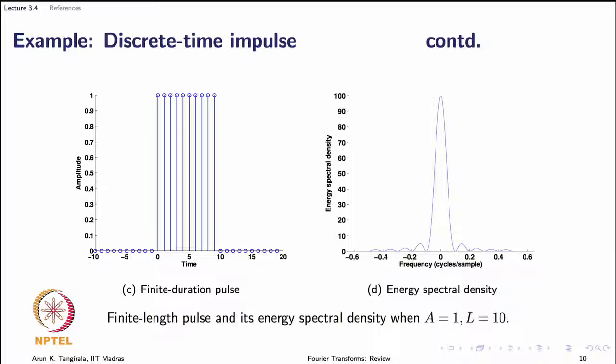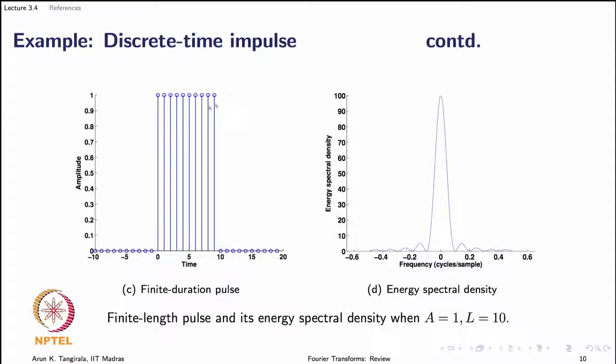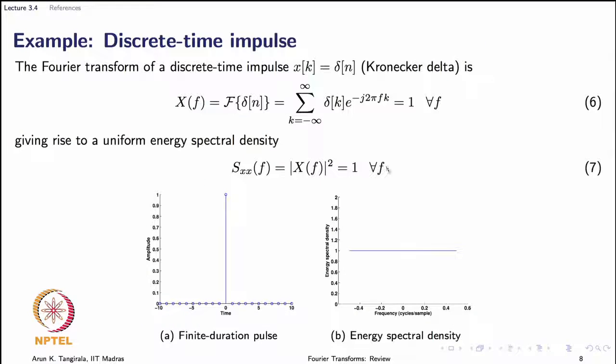Now, the signal has a larger duration than the case of the impulse. The duration definitely is finite, unlike the case of the impulse. Naturally, what has happened is the bandwidth, or the spread of the energy spectral density, has shrunk from being full, from uniform, from being a very large value for the impulse case.